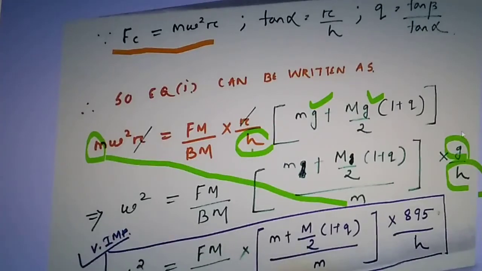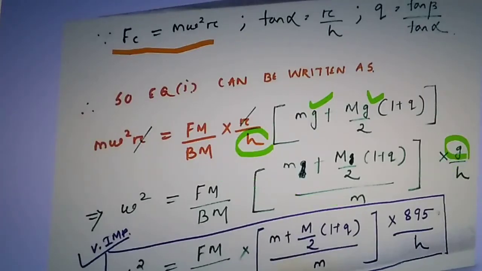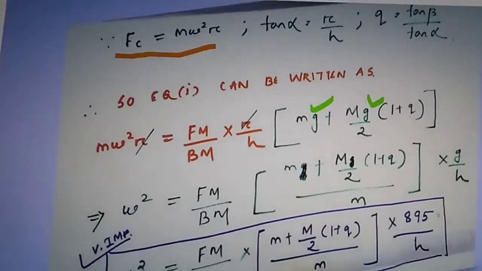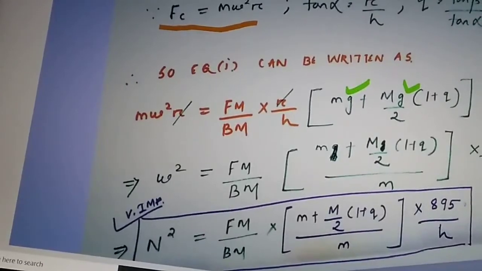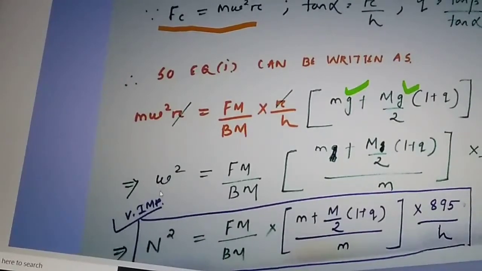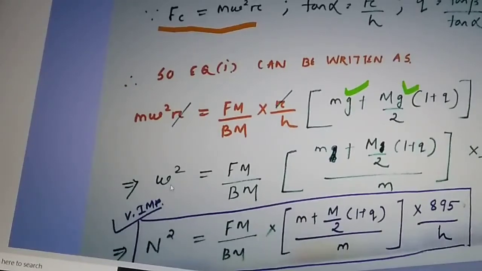So it will be like this. Omega square is equal to Fm by Bm into small m plus capital M by 2 into 1 plus Q. Okay, so just you can see here the last one. If we replace omega by 2 pi n by 60 whole square, then n square will be simplified as follows.